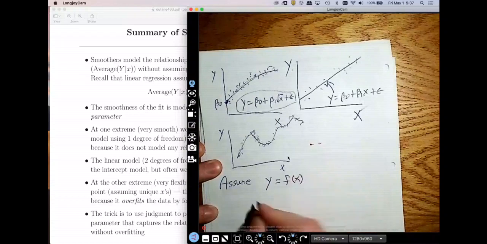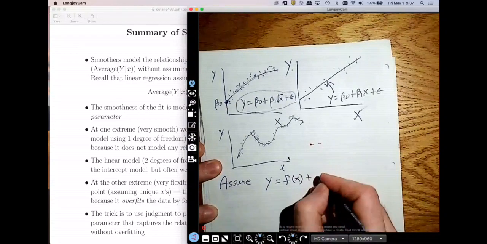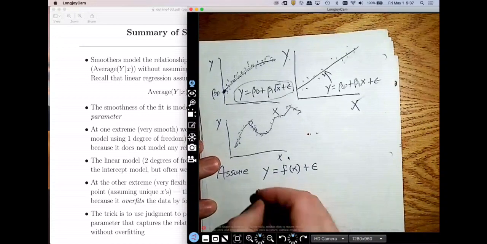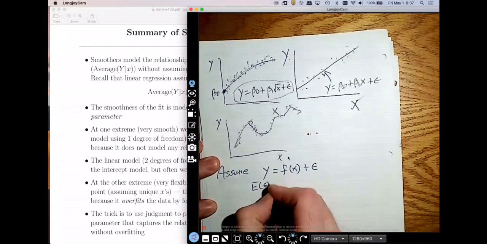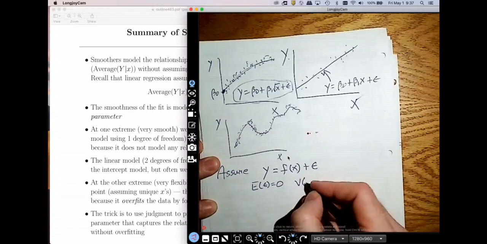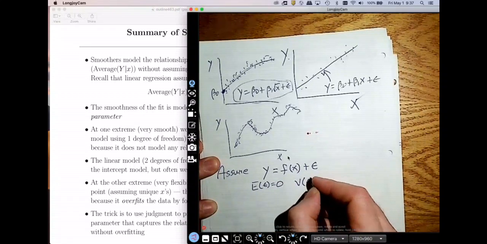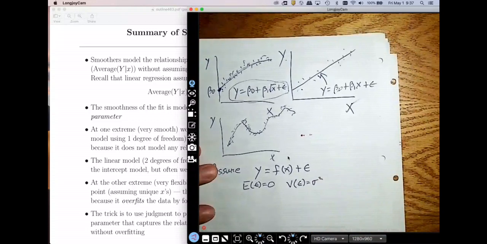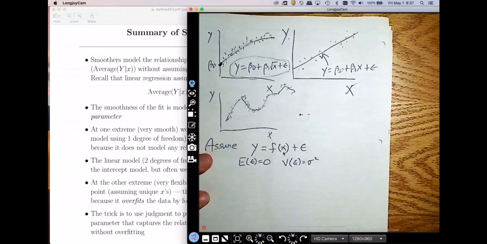Every y is a function of some x plus some noise. And I'm going to assume that the noise has mean 0, and we'll make an assumption that the noise has a constant variance sigma squared. So we'll continue to assume homoscedasticity.